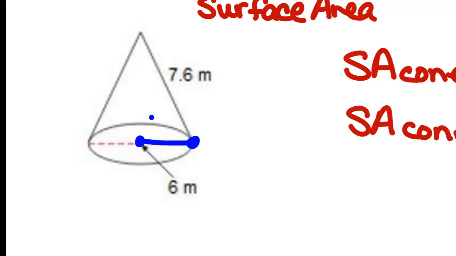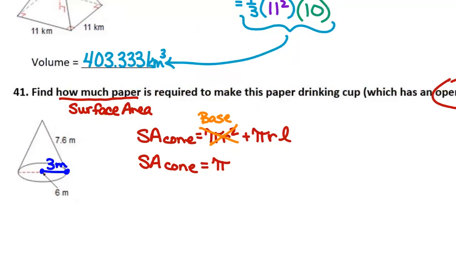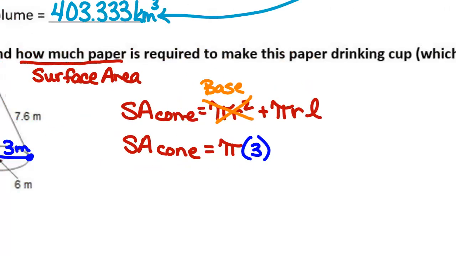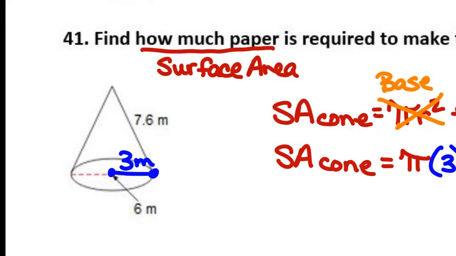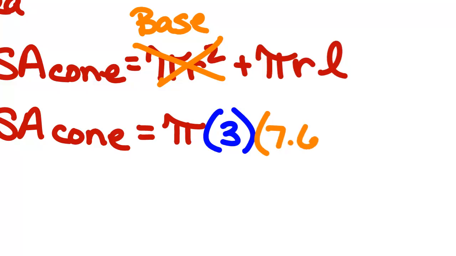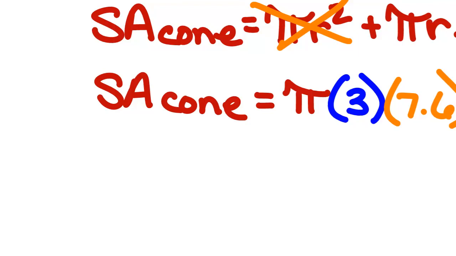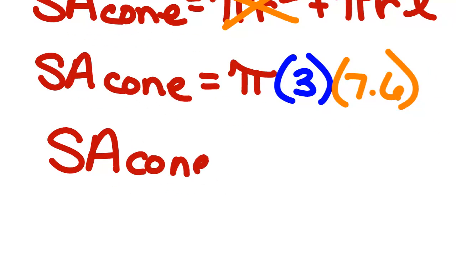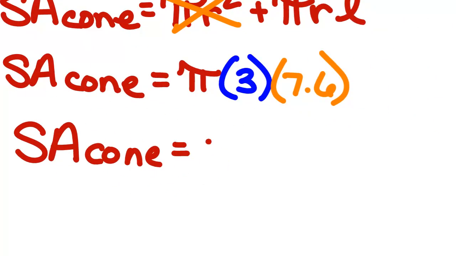From here to here would be 3 meters. So pi times 3 times, how much is the slant height? 7.6 is our slant height. So then we grab our calculators, pi times 3 times 7.6. 71.628 meters squared.